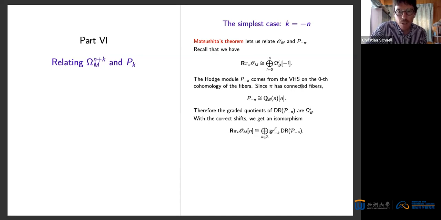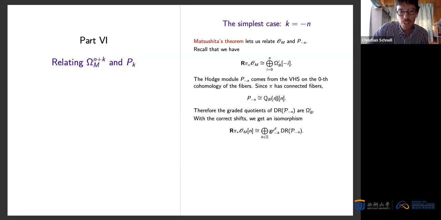The fibers are all connected of dimension n. The 0th cohomology of each of the fibers, including the singular ones, is just Q.